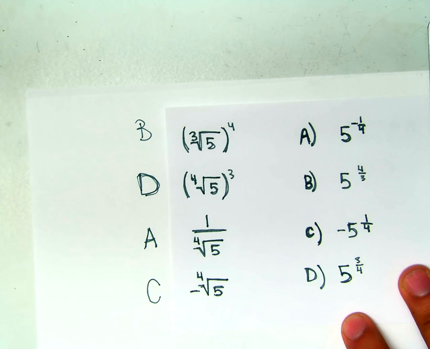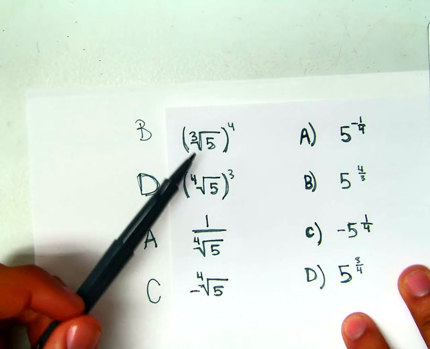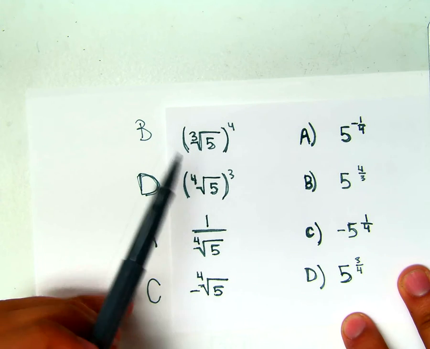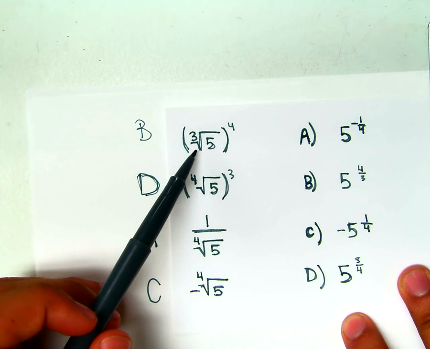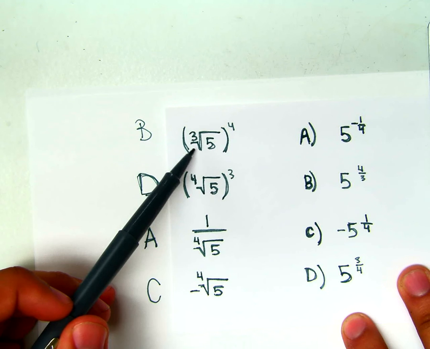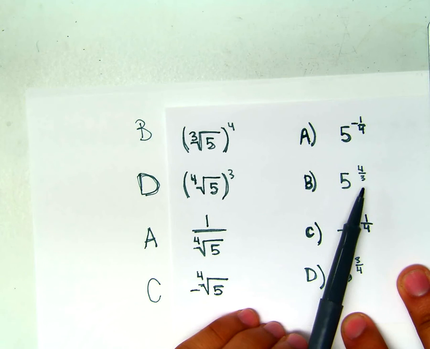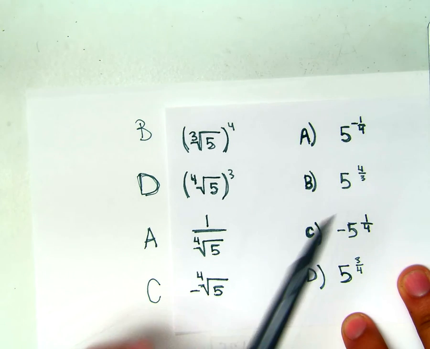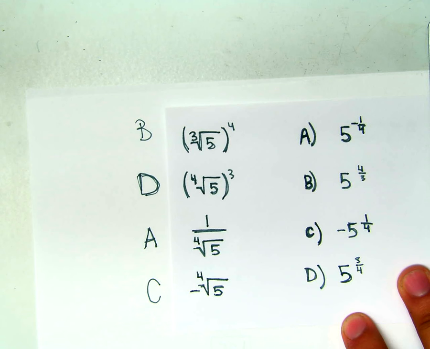Okay, so the biggest concept that we need to understand is that a radical versus an exponent is just a different way of writing the same expression. They both are equivalent. We can write it as a radical, or we can write it as an exponent.